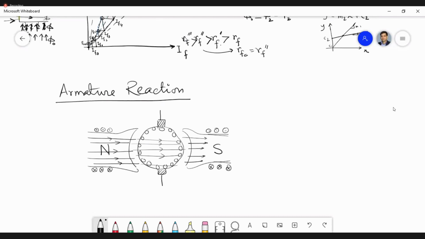So there will be no deformation in these flux lines because there is no other field present in the path of this particular magnetic field. So this field we can call a main field, as I have mentioned. So this is your main field.